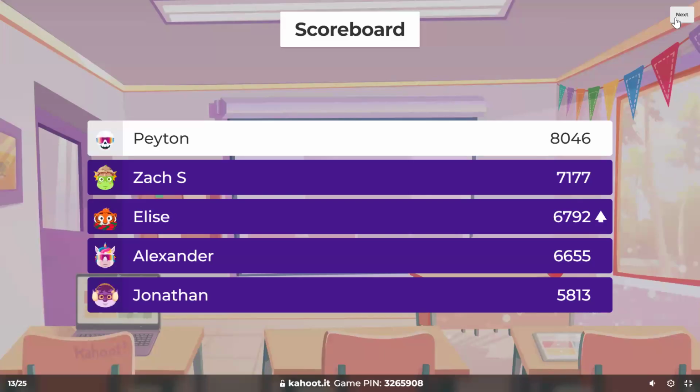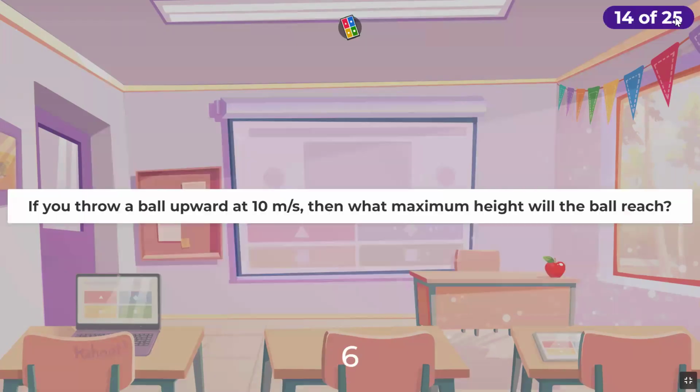Jonathan, Alexander, Elise, Zach, Peyton. Throw a ball straight up at 10 meters per second.